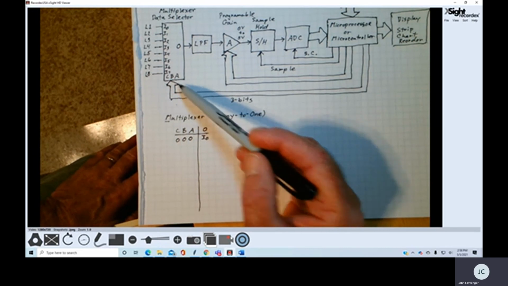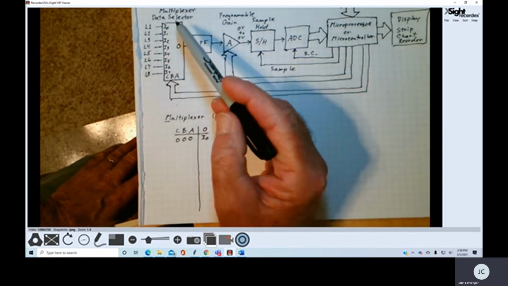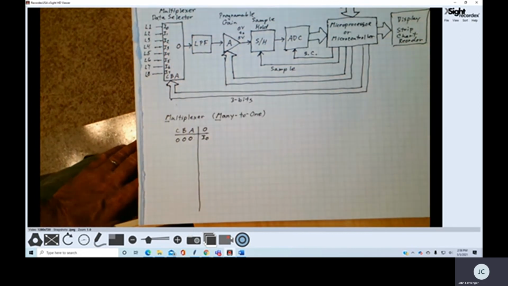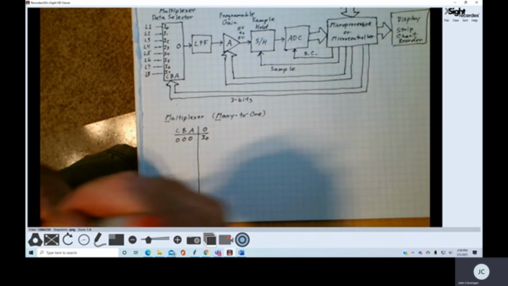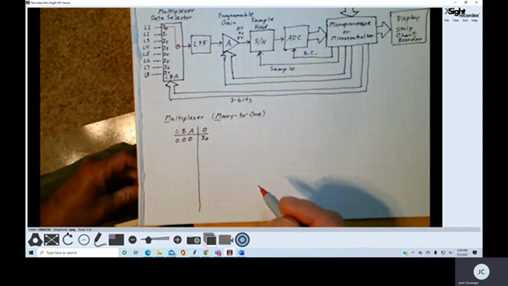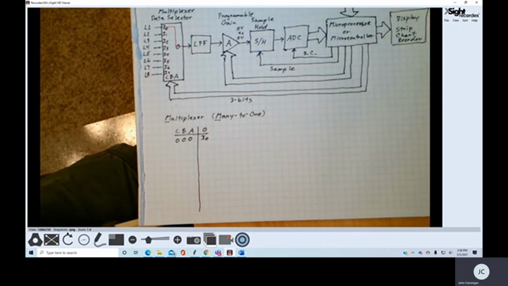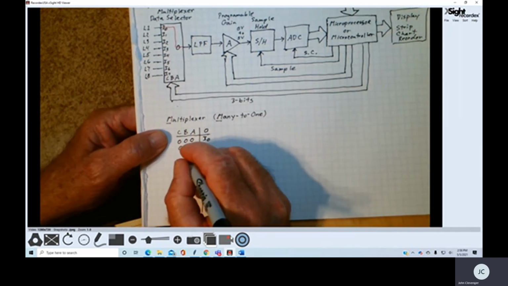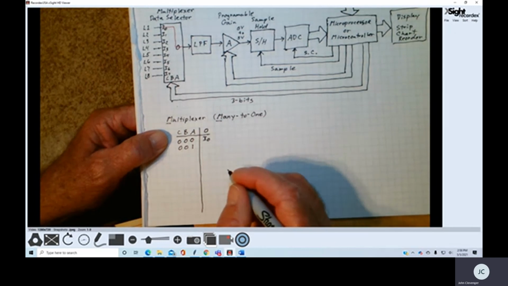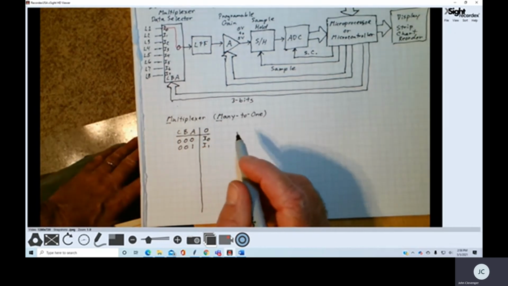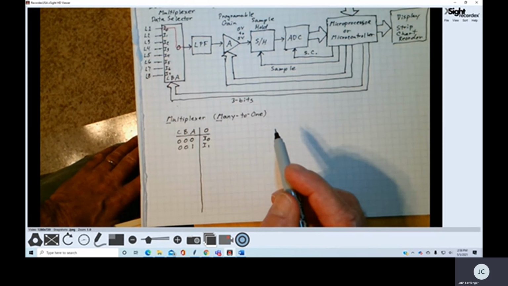If the CBA inputs are 0, 0, 0, then I0, which is lead 1, is passed through to the output. And if the CBA inputs are 0, 0, 1, then input I1 is going to be passed through to the output.